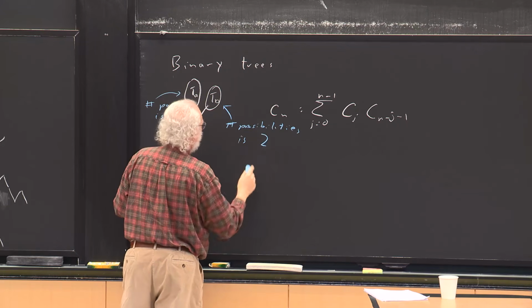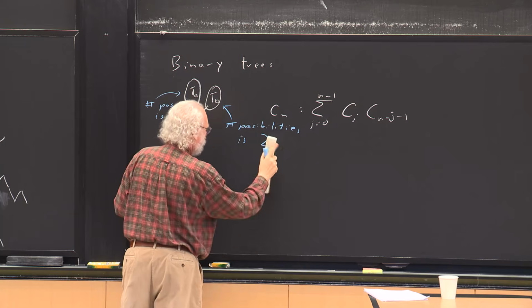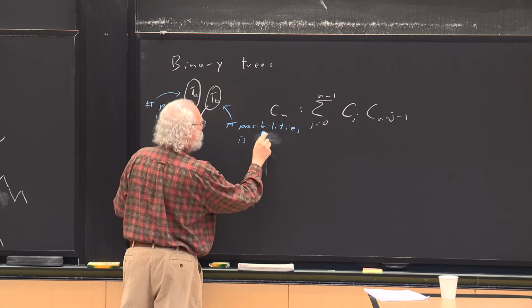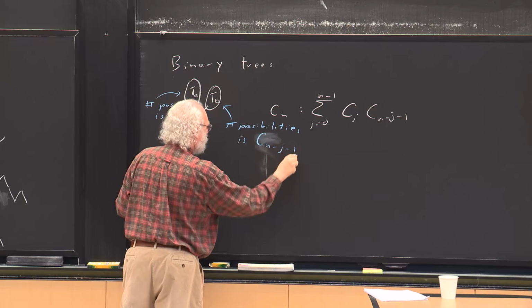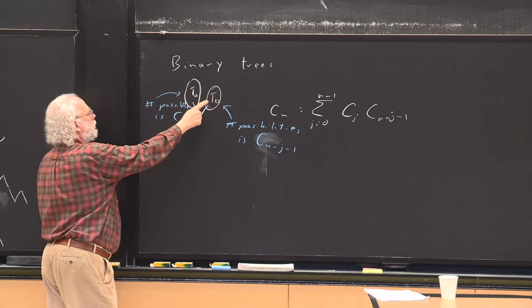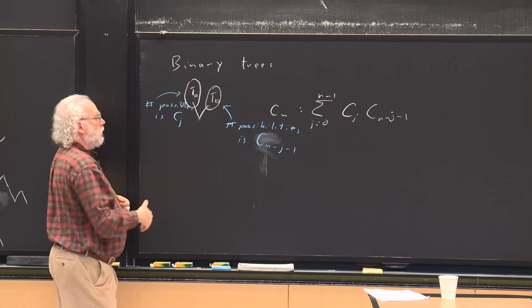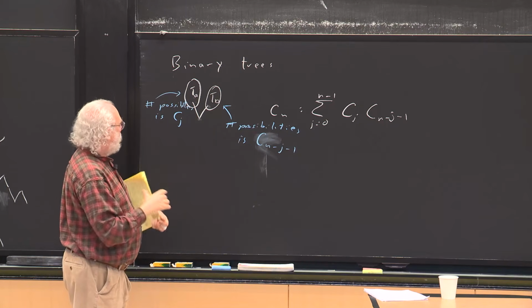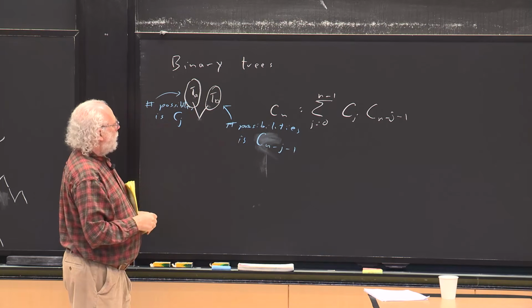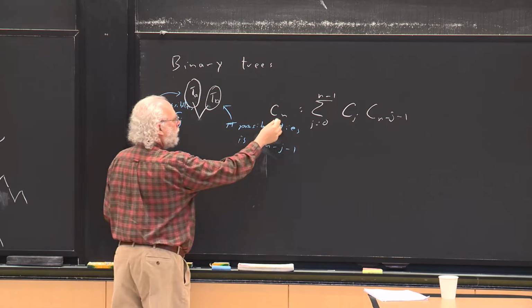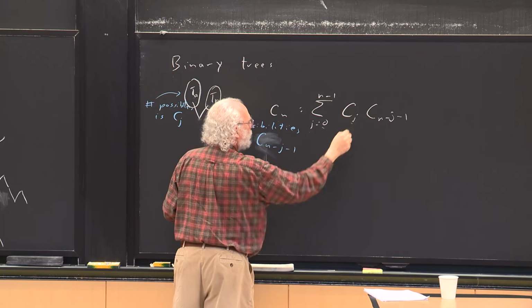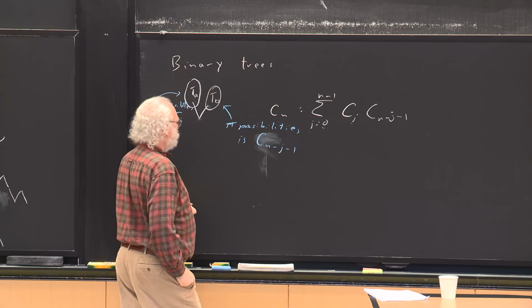It is C sub n minus j minus 1. And when you combine these two trees and add a node, you get a Catalan number C sub n. So C sub n equals the summation for j equals 0 to n minus 1 of C sub j times C sub n minus j minus 1.